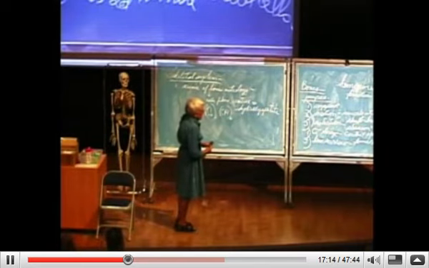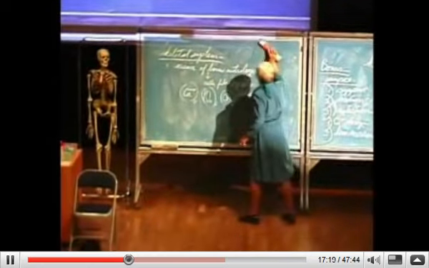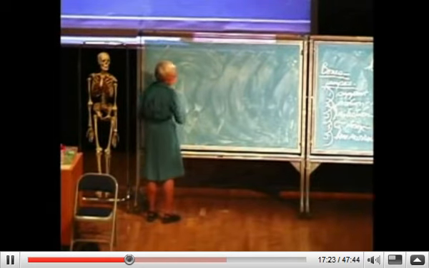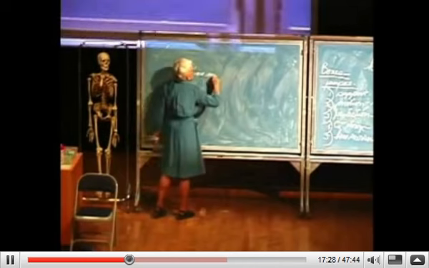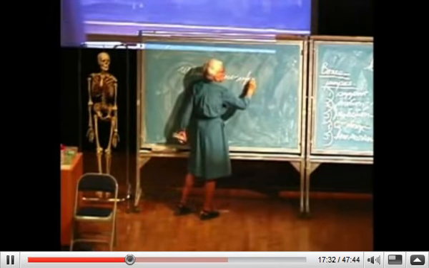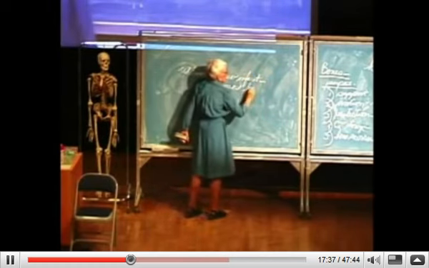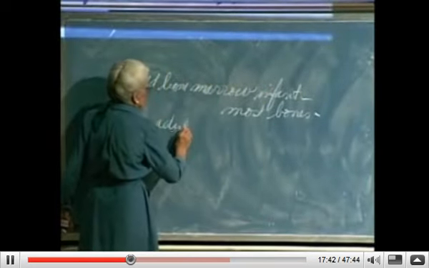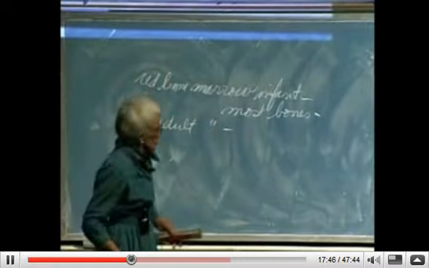So we have red bone marrow in the infant in most skeletal bones. In the adult, red marrow only in certain bones.